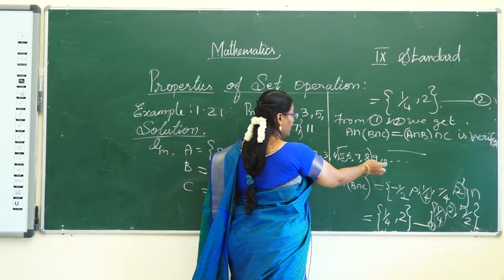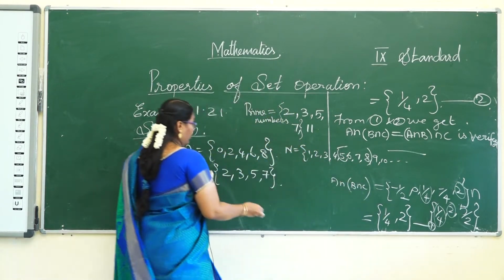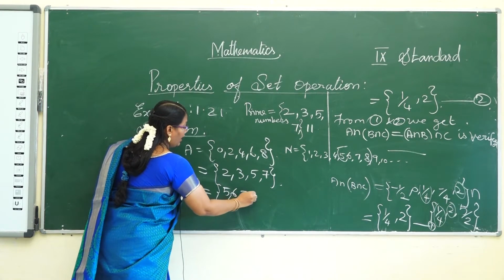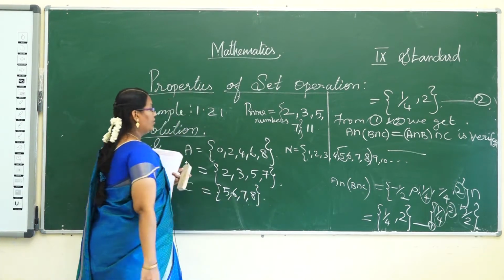But here only less than is given, so the elements are 5, 6, 7, 8.